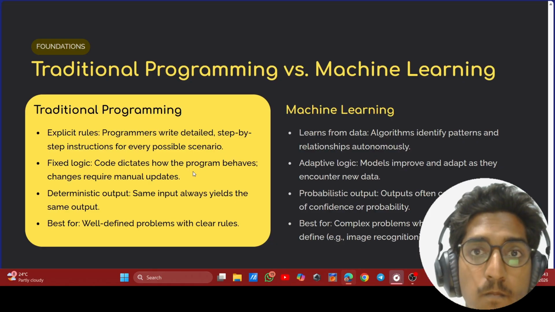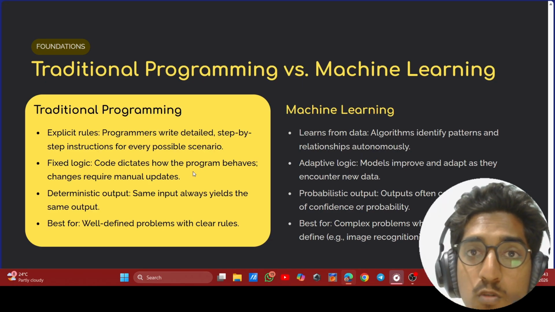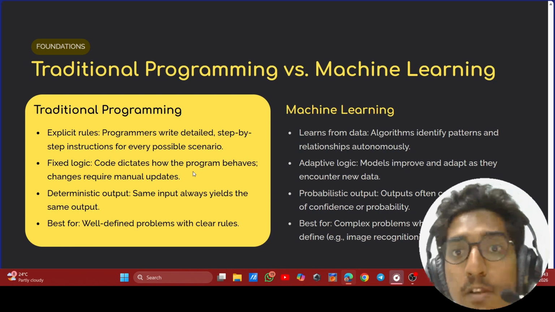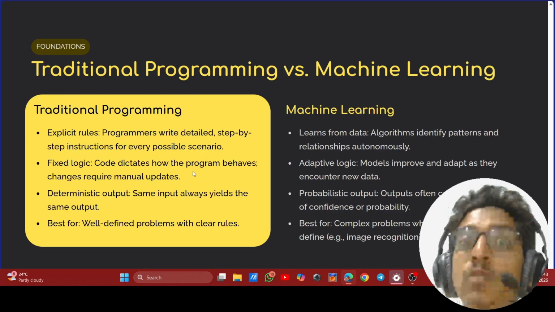So for this problem, machine learning solves this because it uses its logic and its past data to predict a new output for the new input.